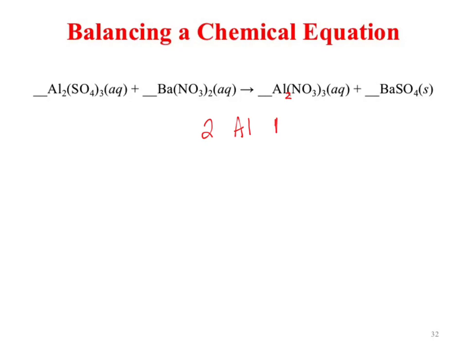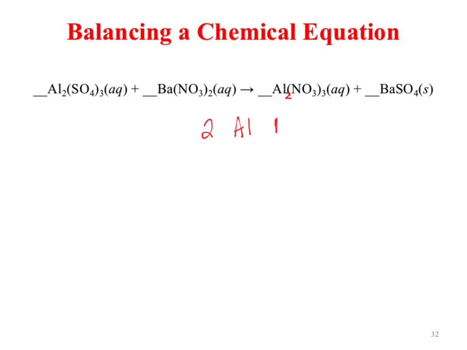Yes. What is wrong with this? I've changed the identity of the compound. I'm not allowed to change the identity of the compound when I balance an equation. If I did that, you'll notice that compound is now invalid because the charges don't balance.